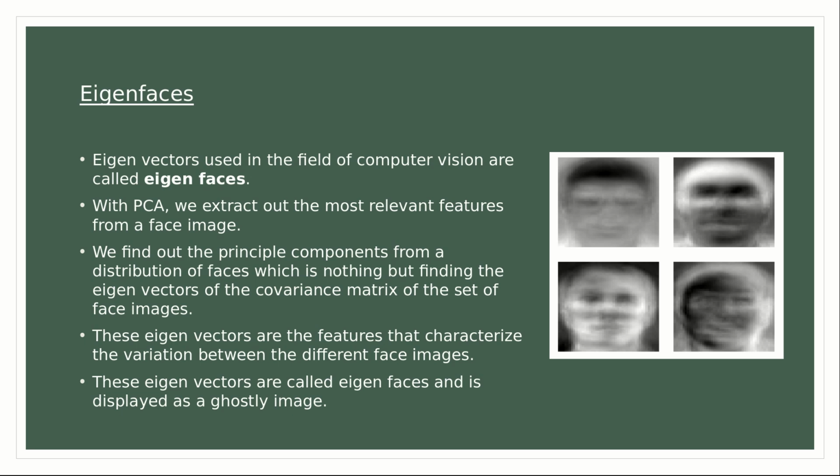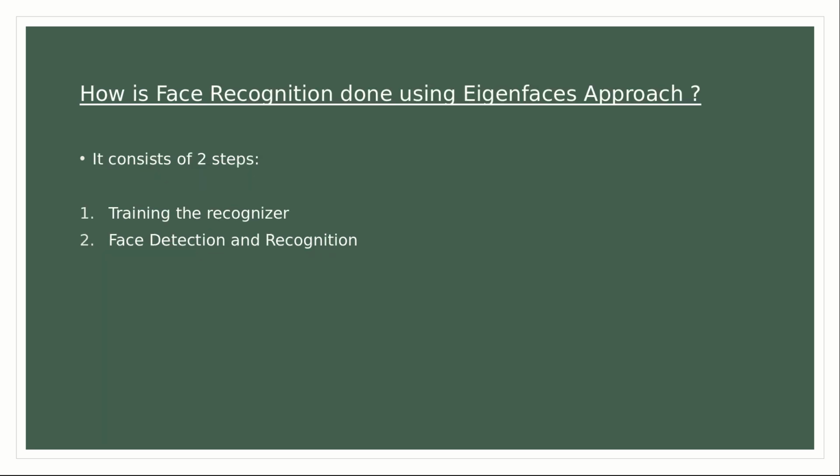In mathematical terms, these are the eigenvectors of the covariance matrix of the data set of face images. These eigenvectors record the variances between the different face images, the differences among them. These eigenvectors are called eigenfaces, and as you can see from the picture, they look rather ghostly.